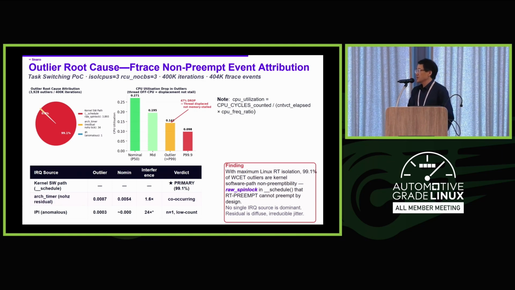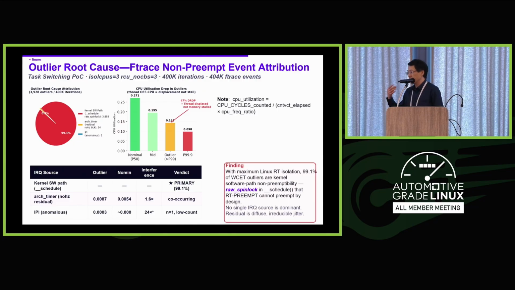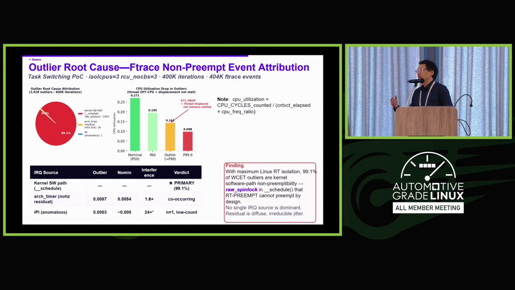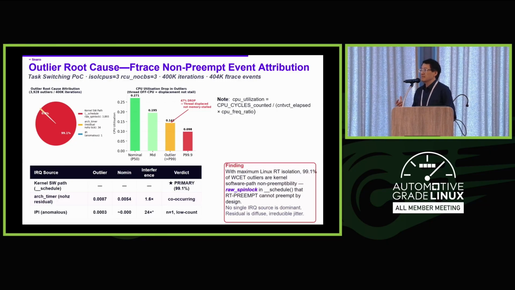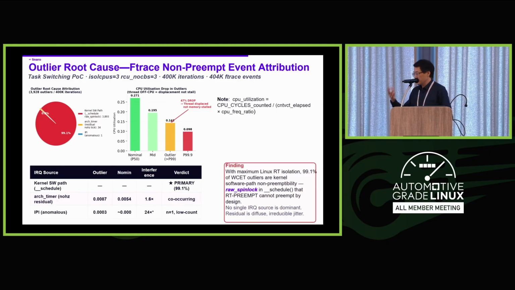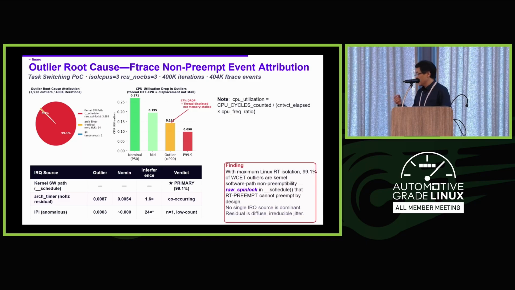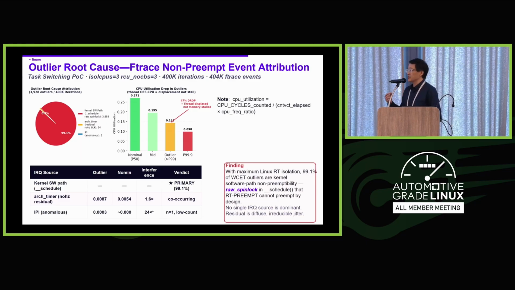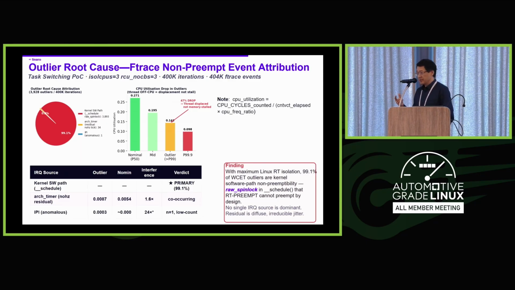But it doesn't answer whether the outlier is caused by Linux kernel interference, right? Even the Linux kernel RT patch tries its best to become as preemptible as possible. But still, there's a certain path that is not preemptible, such as raw spin lock, right?